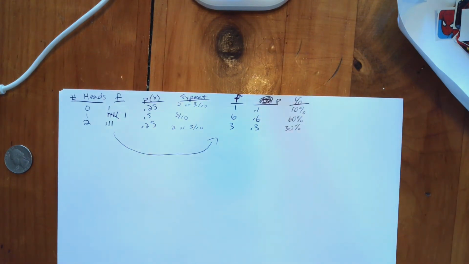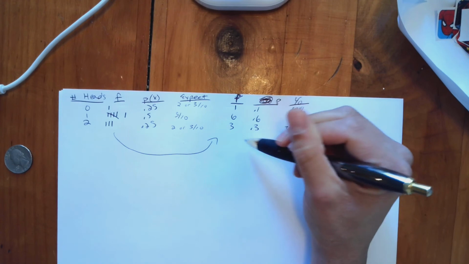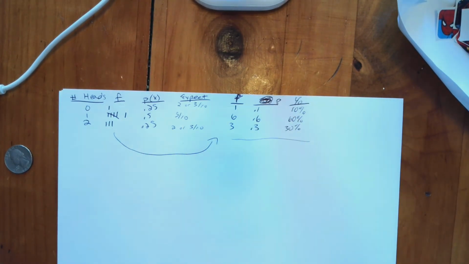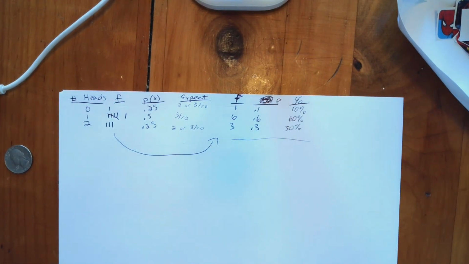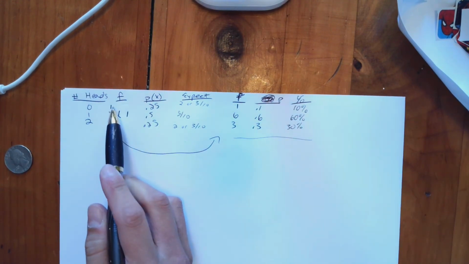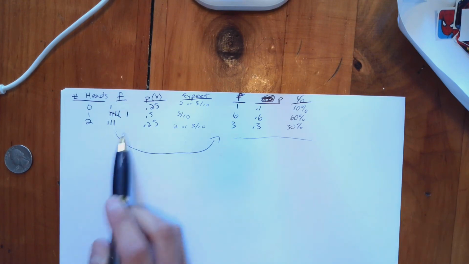And as I mentioned before, sample size is important here. And as a general rule, the bigger your sample is, the closer these values are going to be to what you expect. So I'm not going to do this, but let's imagine that I flip this coin 2,000 times. So that would be 1,000 separate events here. The more times you flip the coin, the more likely it is that you're going to fill in the events as expected here.